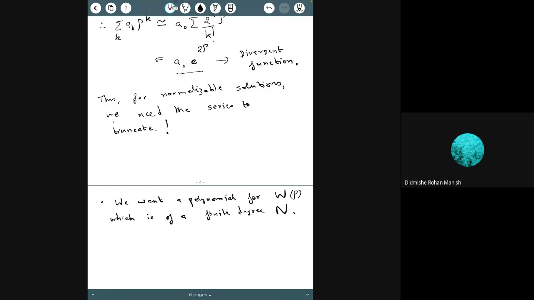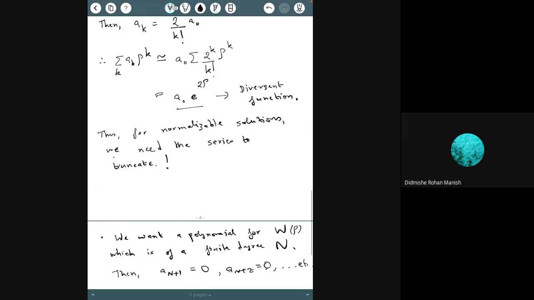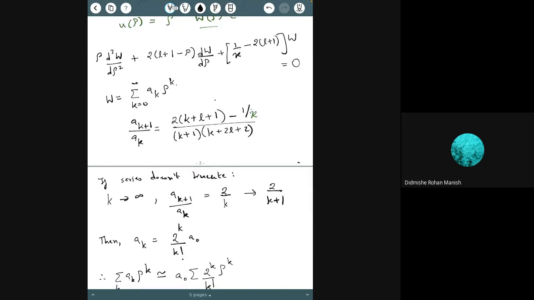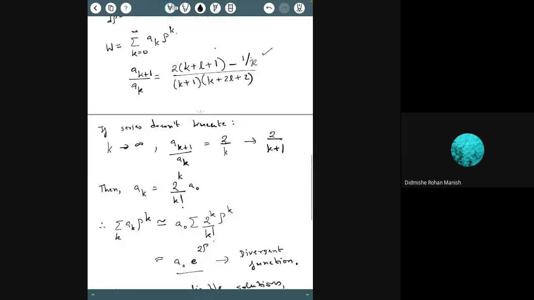Then, after a point, a_{N+1} will become 0, and everything after that, a_{N+2} equal to 0, etc. And this will give me a truncated solution. And that condition is, of course, that this factor 2 into (k plus L plus 1) is equal to 1 by kappa.